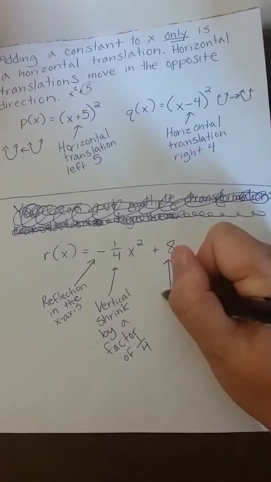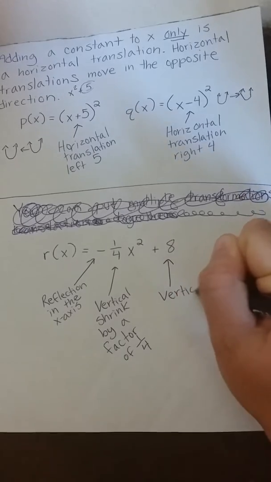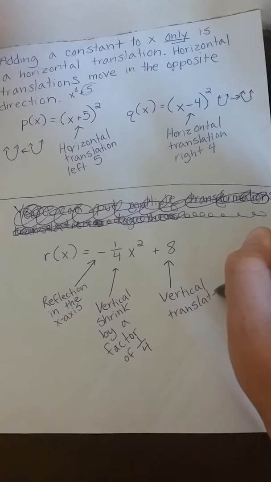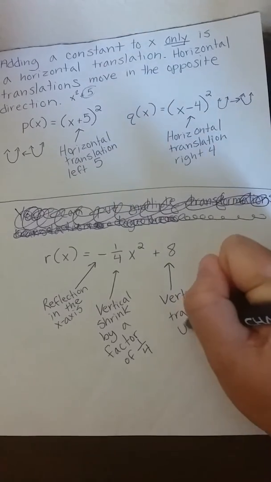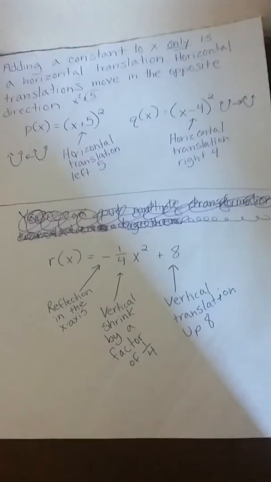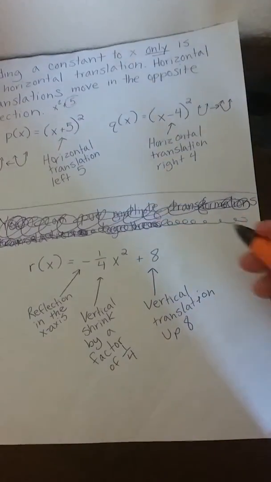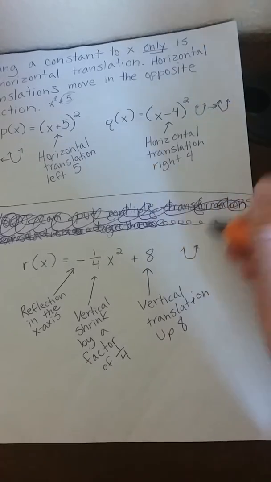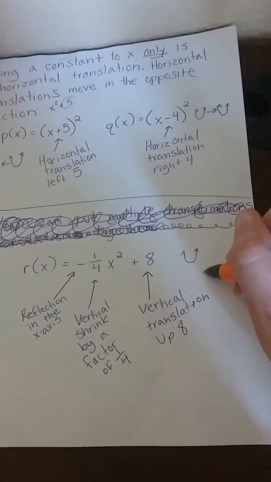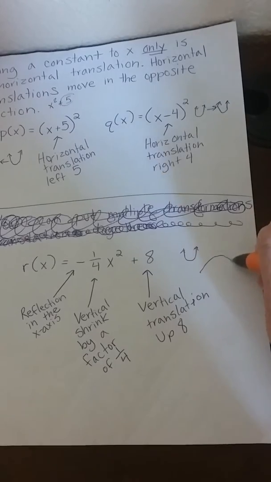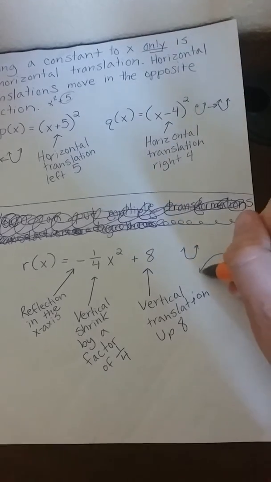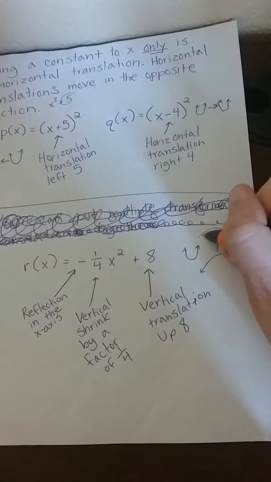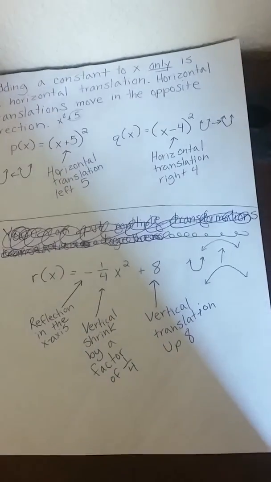And then we also have a vertical translation up 8. So putting all of these together, if our original shape looked something like this, it would flip over and get wider and shorter, and then you would move it up 8 units to get your new shape.